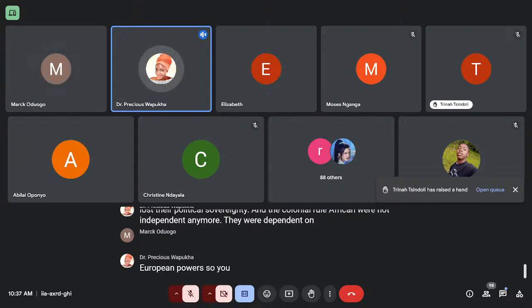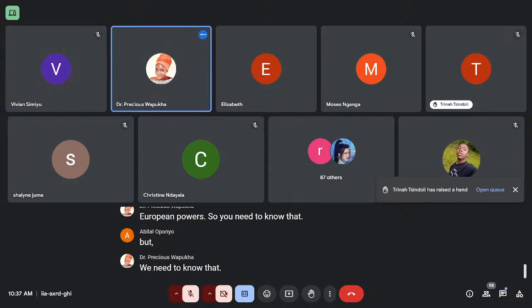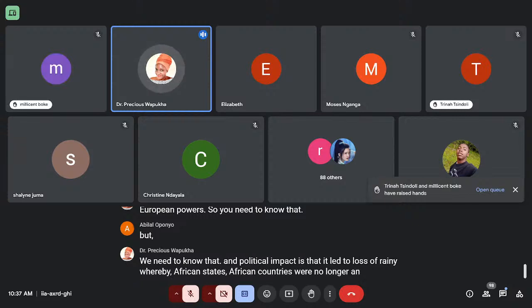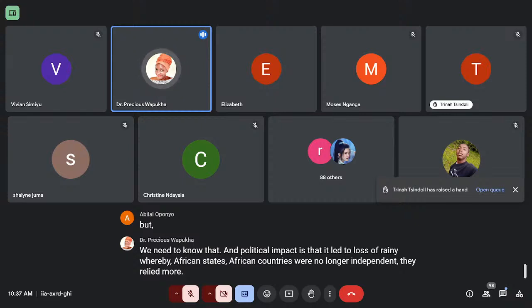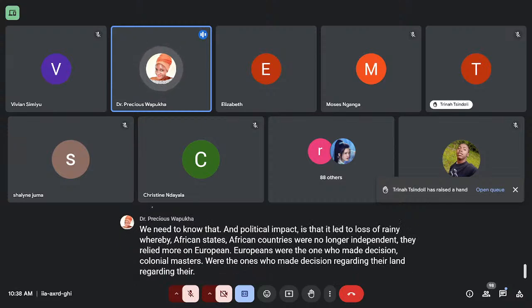So you need to know that this political impact led to loss of sovereignty, whereby African countries were no longer independent. Colonial masters were the ones who made decisions regarding their land, their resources, and also their future.